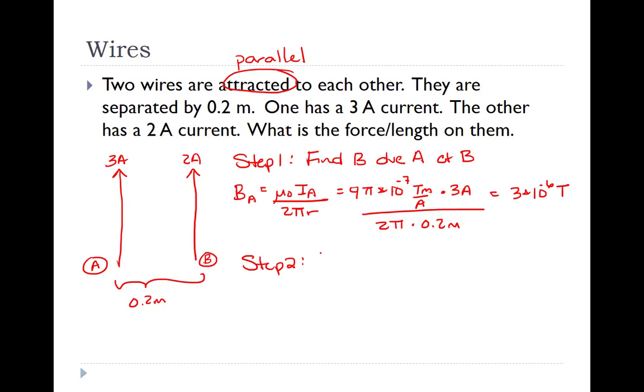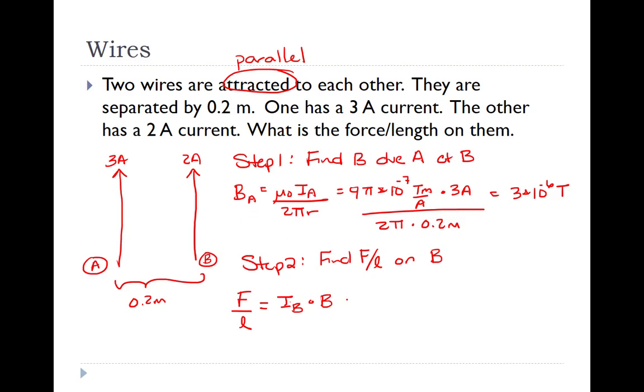Step 2 is to find the force, or as in this case, the force per length on whatever your second wire above was. So for me, it's B. So the force per length on wire B will be the current in wire B multiplied by the field it is experiencing.